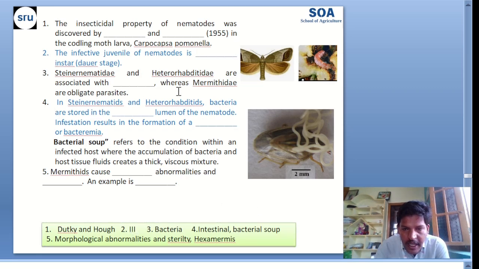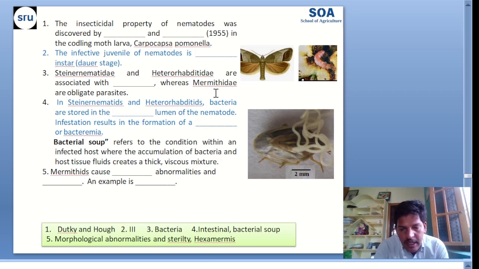Steinernematidae and Heterorhabditidae are associated with bacteria, whereas nematodes belonging to the Mermithidae are obligate parasites. They do not depend on bacteria for killing the host.